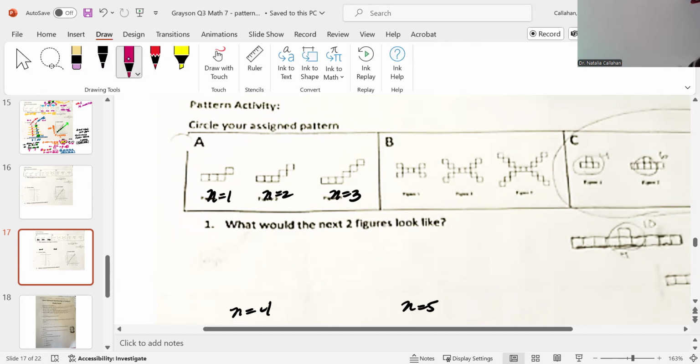And then you will have to look for the total number of tiles. So t of 1 equals 4. What's the second one? T of 2 is equal to what? T of 3 is 6. Oh, it is 6.